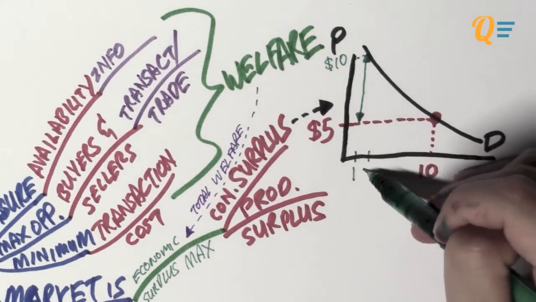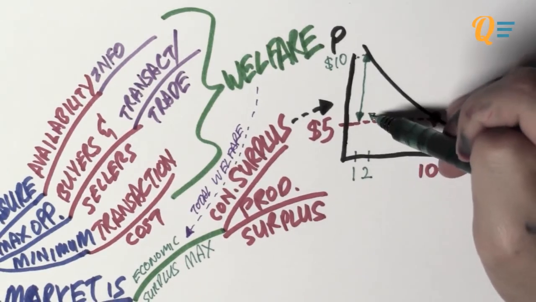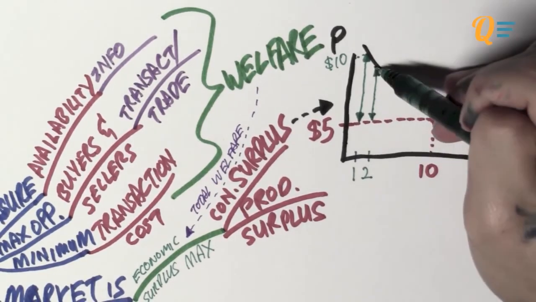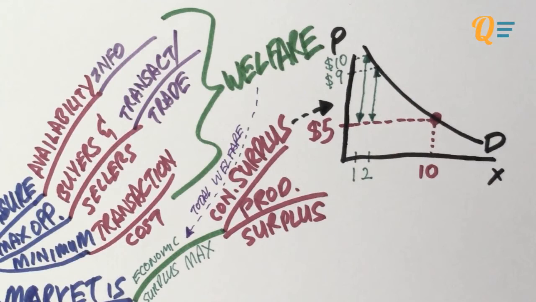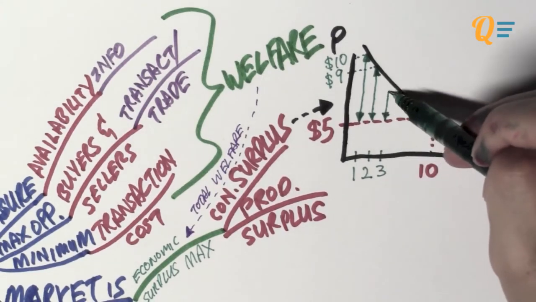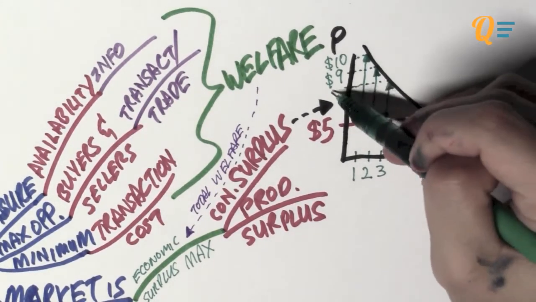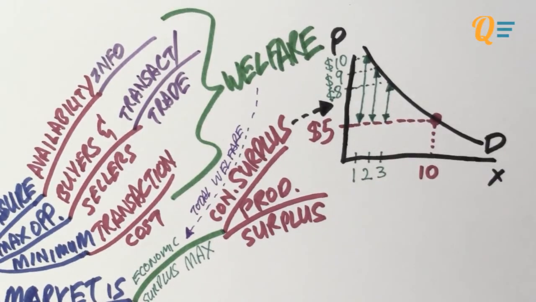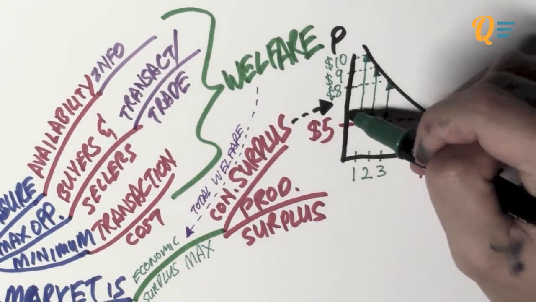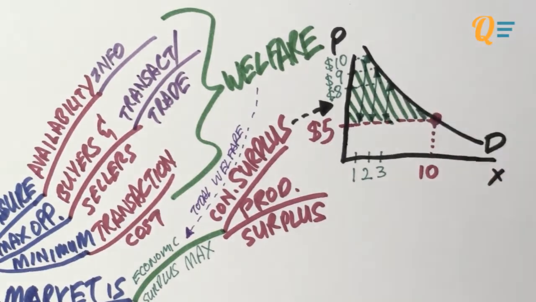Let's say that the consumer now only wants to buy 2 units of X. He would have this amount of surplus, okay, because he would have paid $9 per unit, but now he's only paying 5. Therefore, the amount of surplus that he has gotten per unit is going to be $4. So you keep doing this until the surplus reaches 0 at quantity of 10, okay? And what you can do is you can shade this triangle green.